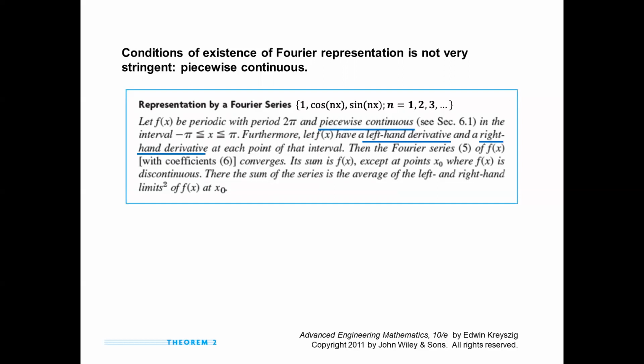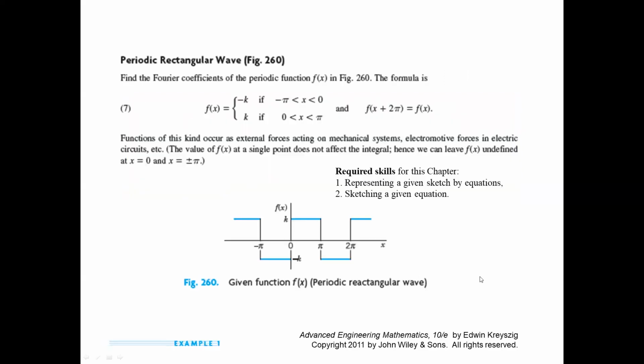The condition is not really very stringent. As long as the given function f is piecewise continuous, then we can represent the function by Fourier series. Now, let's look at this example.